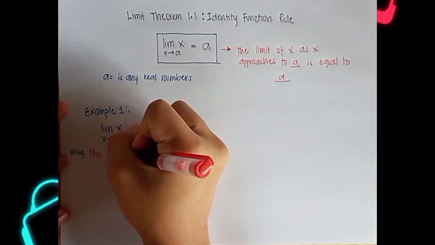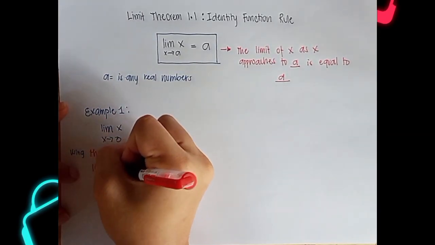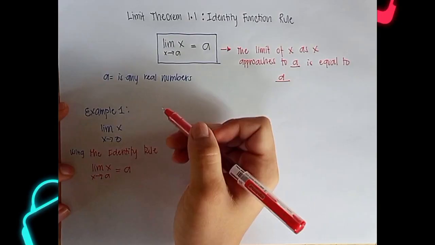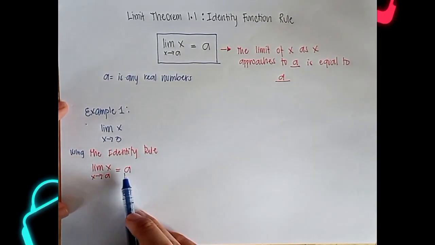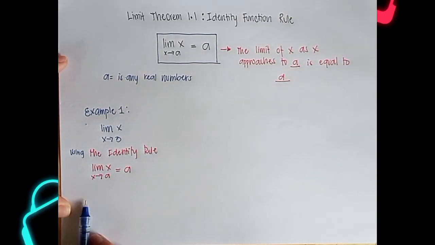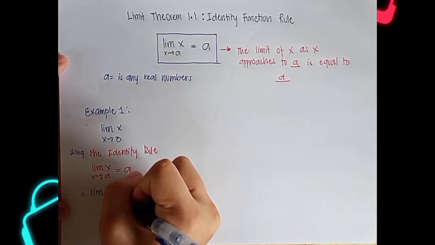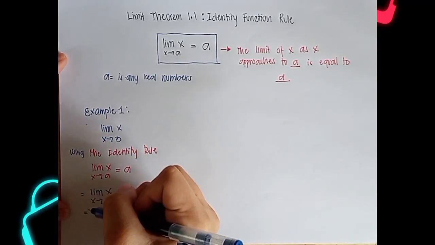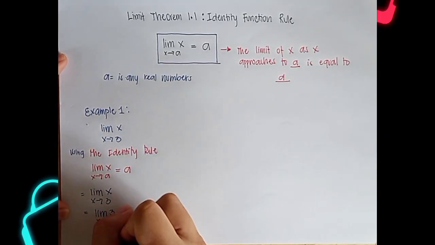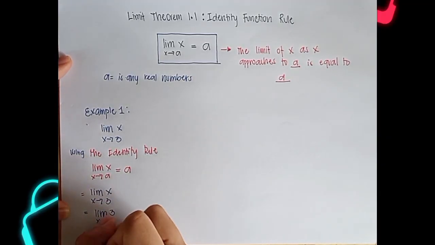So if f of x is equal to x, then the limit of x as x approaches a is equal to a. It just means that as x gets closer to a, the function value also gets closer to a. So in our example, the function is f of x equals x, and the point we're approaching is x equals 3.